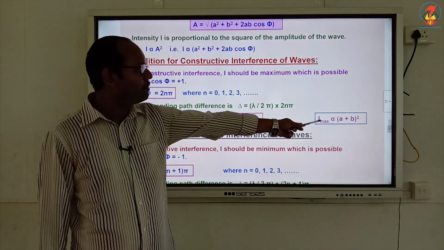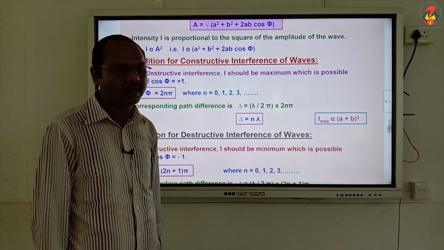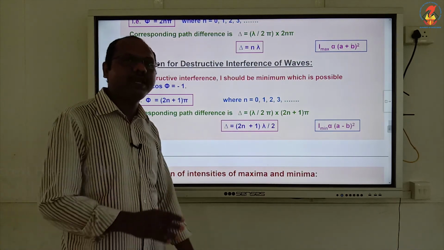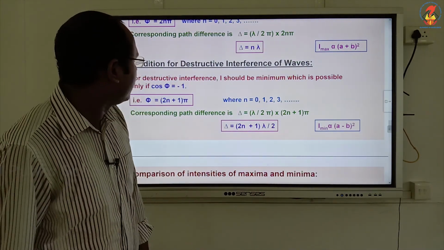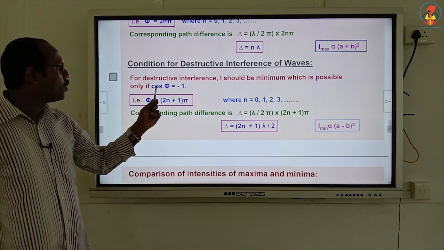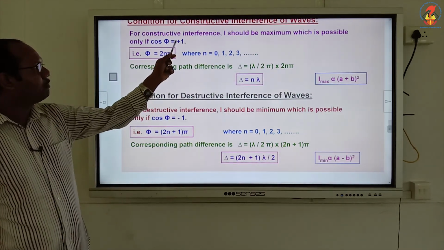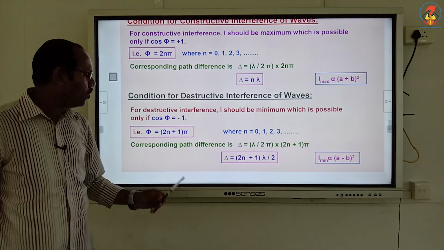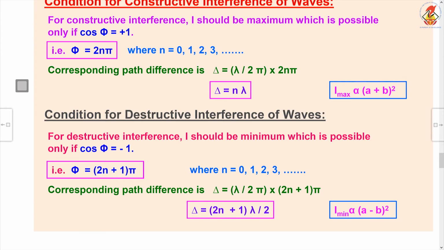So you will get maximum intensity, which is proportional to a plus b whole square. Now, the condition for destructive interference. Destructive interference is where the intensity is 0 or minimum. For that, cos phi should be minus 1. So here we wrote cos phi should be plus 1, and for destructive interference cos phi should be minus 1, or phi is equal to 2n plus 1 into pi, where n is equal to 0, 1, 2, 3, etc. So this is the phase difference.